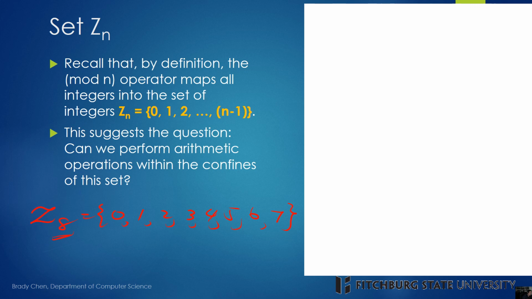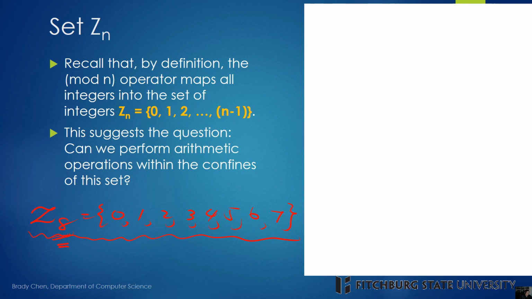Now, the remainder is actually the modular operation, right? So a mod 8 is the remainder when a is divided by 8. So of course, the result should be smaller than 8. So we basically define the set called Zn. Now in this case, n is 8, right?